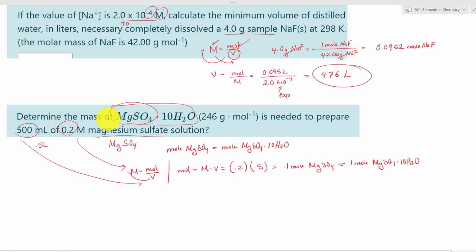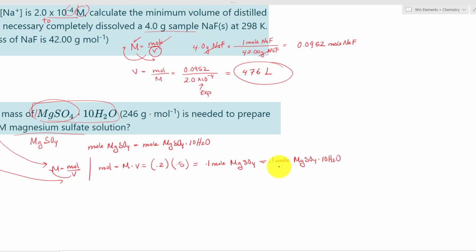And now converting from mole to mass is pretty easy because we have our molar mass right here. All we have to do is multiply by our molar mass. So this is mole, so we have 1 mole of magnesium sulfate decahydrate. Notice I show you all the work.